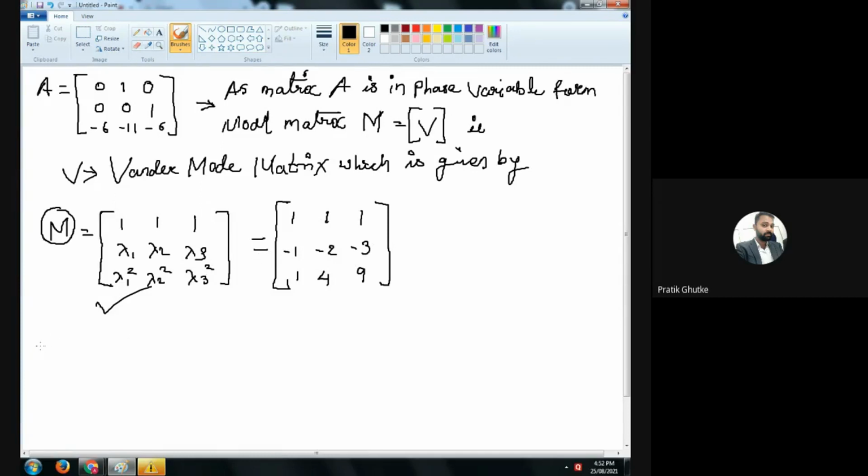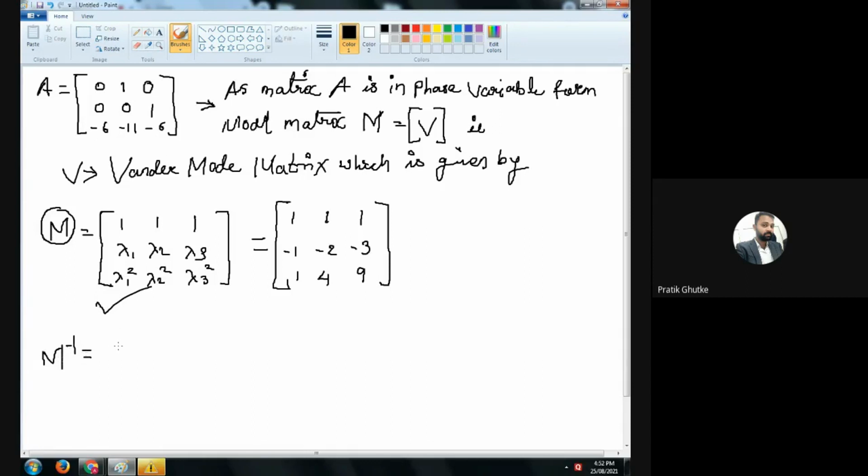So now what is the next step? As you have the M matrix, I can easily calculate the M inverse matrix. So how to calculate the inverse of any matrix? Yes, you know that.